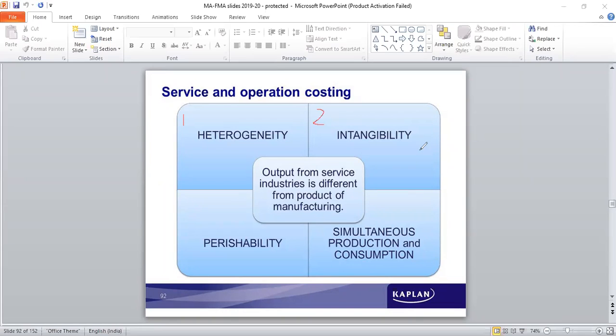Third one. See, in case of manufacturing businesses, the manufacturing first takes place. The final finished product is available, that is kept available in the showrooms for the customers to come, or some place the customer comes and purchases later on.